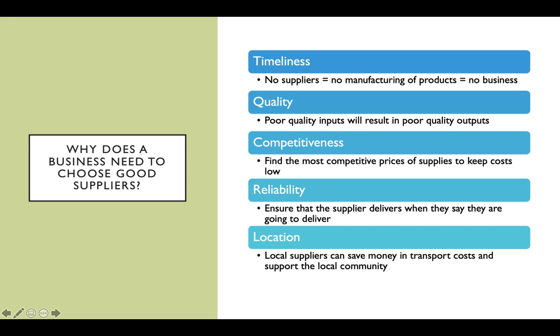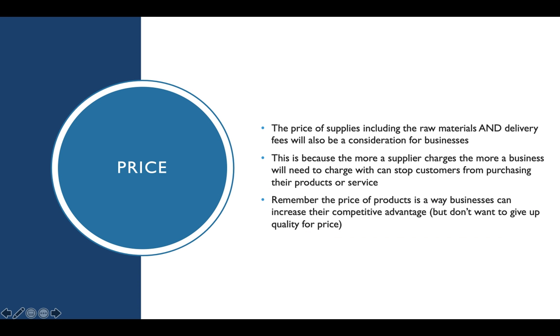And the final one, location. Remember that if we source our supplies locally, it can be cheaper because of transport costs. We're then supporting the local community, which then links to corporate social responsibility, which we know is always a positive thing.